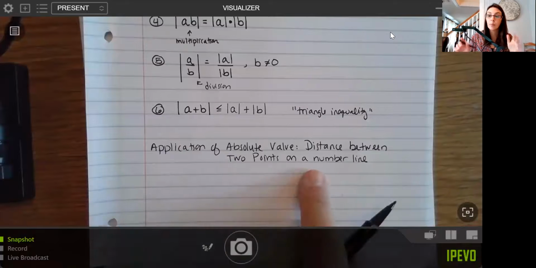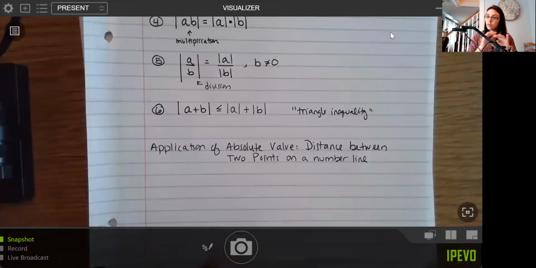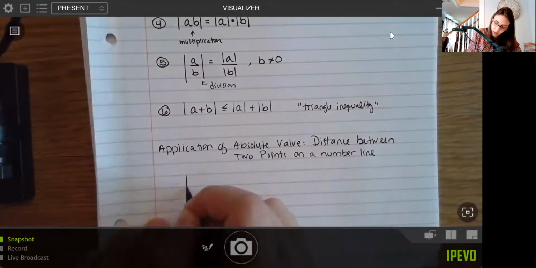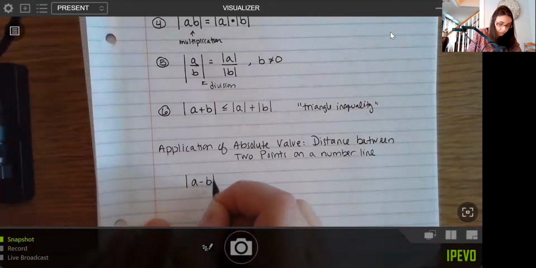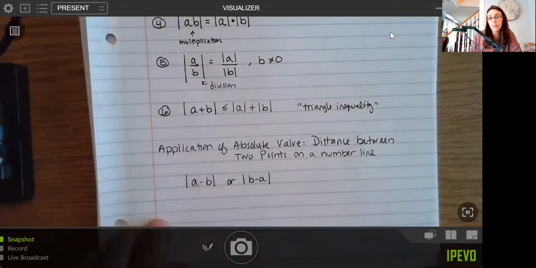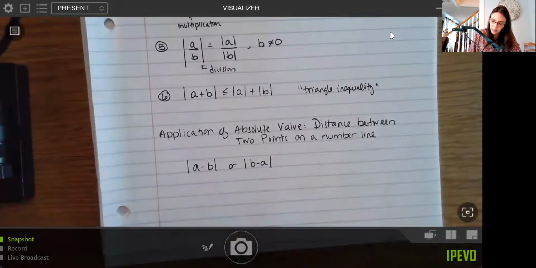So this is our most basic distance formula, really just for one dimension. So you're just on a single number line. This is not where we have the full rectangular plane here. But the distance is pretty simple, and it's just given by the following formula. All you do is take A minus B, or you can take B minus A, and just take the absolute value. So it's pretty straightforward. So let's do an example.